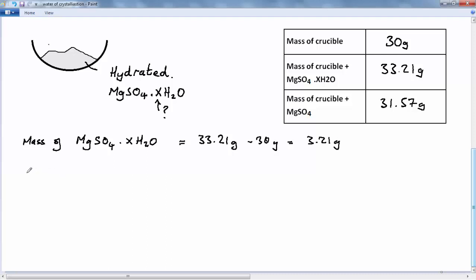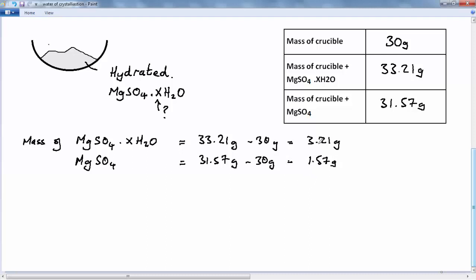And then the mass of the anhydrous magnesium sulfate, that's the magnesium sulfate with the water removed. That gives us 31.57 subtract 30, which is 1.57.